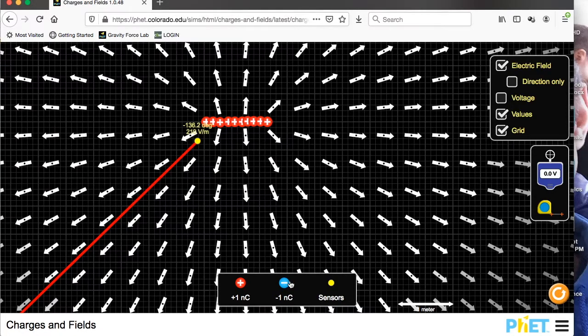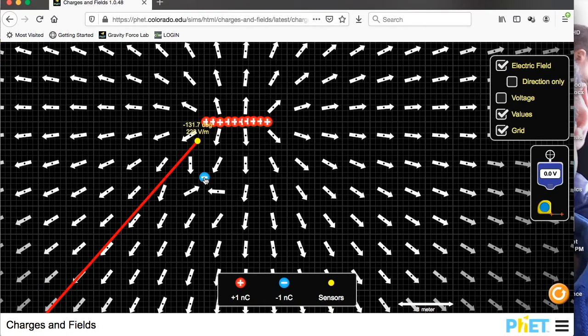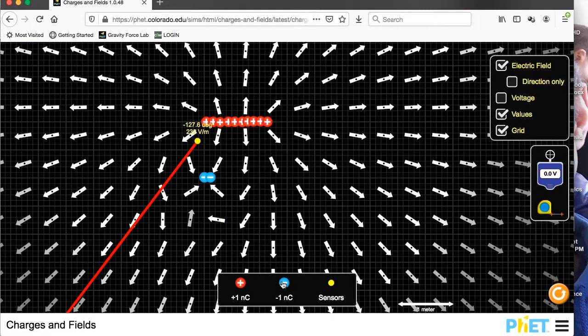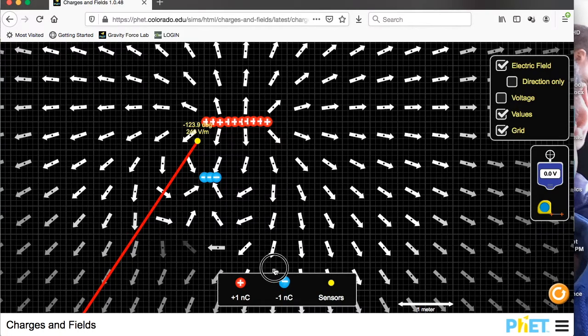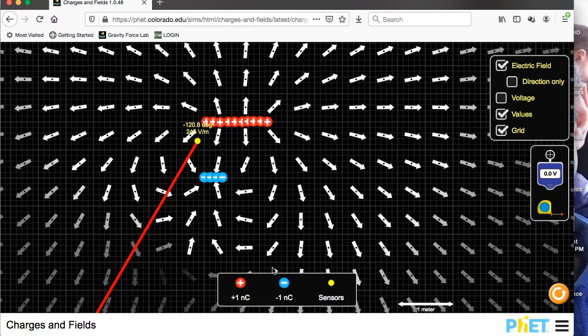All right, sweet. Now let's make another plate right down here. It doesn't say where, but we're going to put them far enough apart that I can see what's happening in the middle, but close enough that they're still interacting strongly.